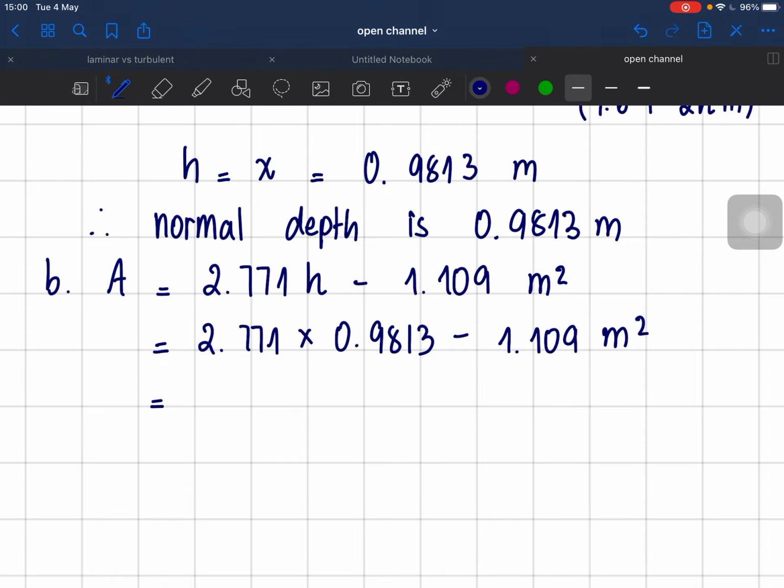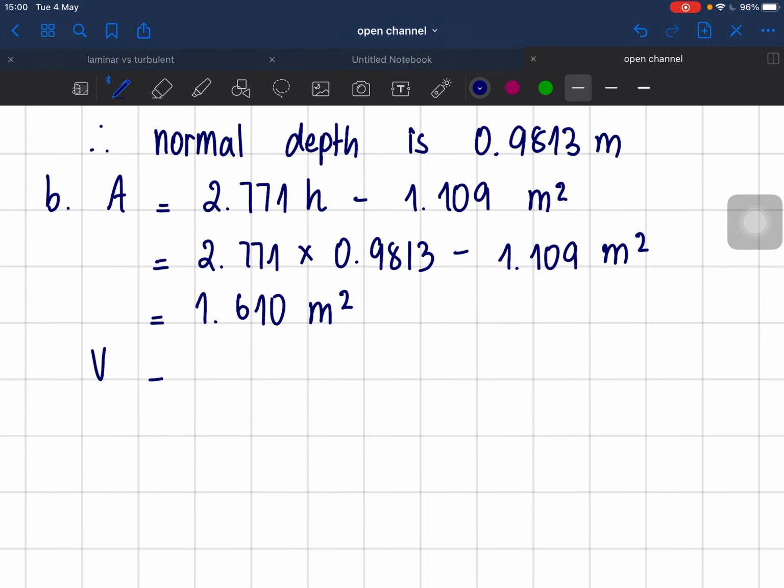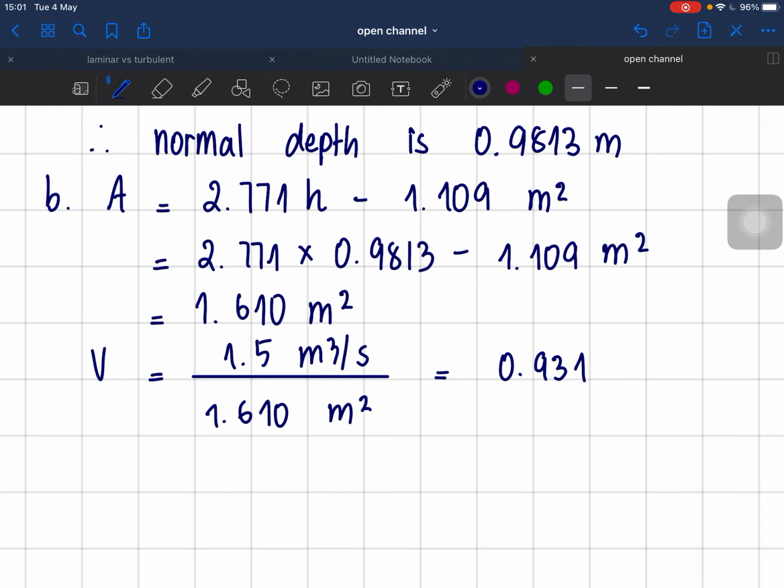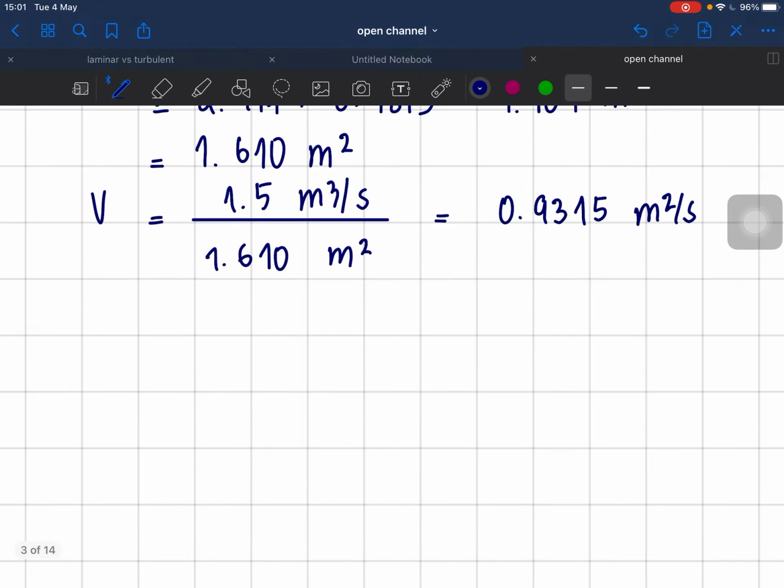Minus 1.109, 1.610 meters square, and then we can find a v, which is, we can use 1.5 over this number. I like to draw the line later, it's easier. 0.9315 meters square per second.